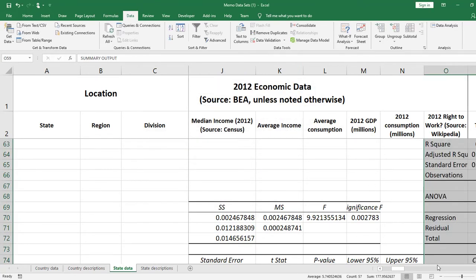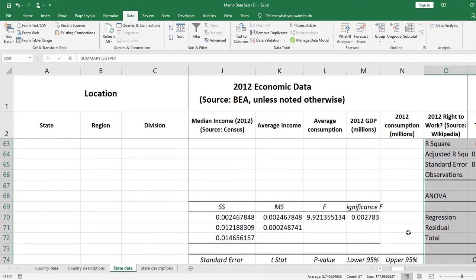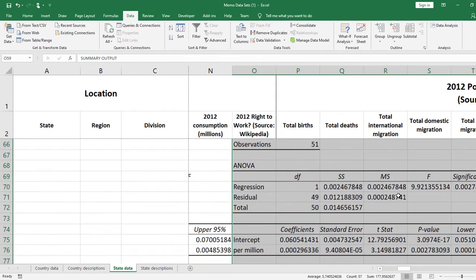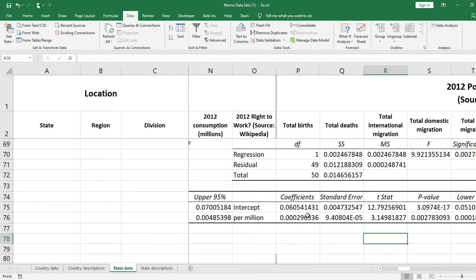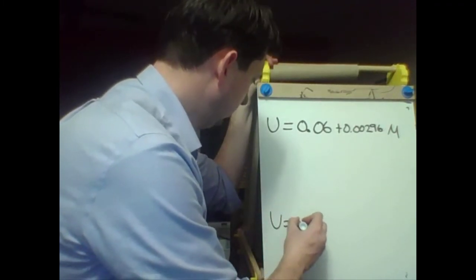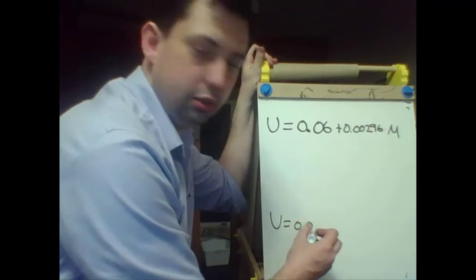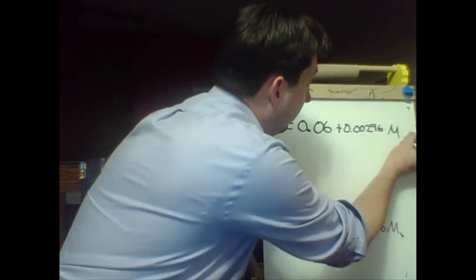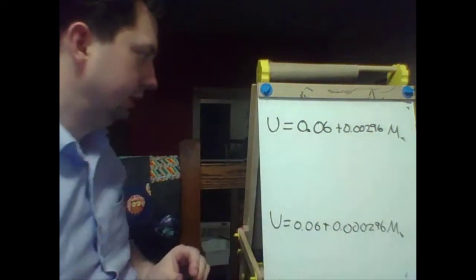There we go. Those confidence intervals I usually don't use. So we make it per million. I'll write that down here. We're going to call this one B and this one A, I guess.